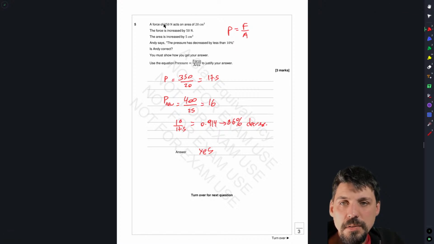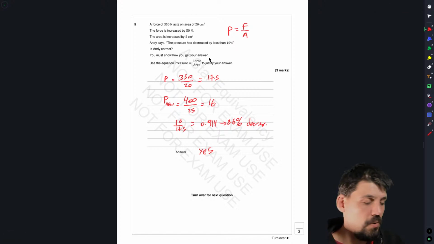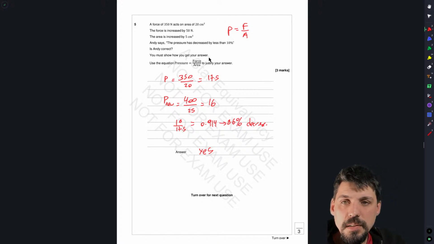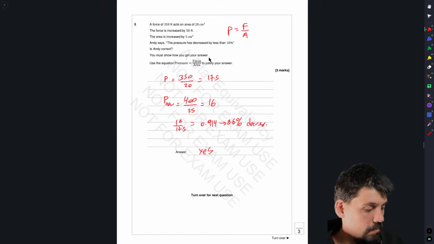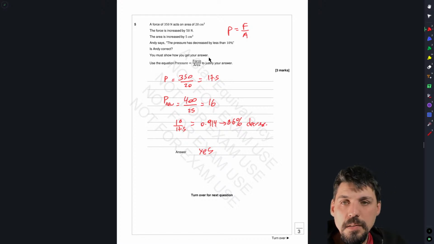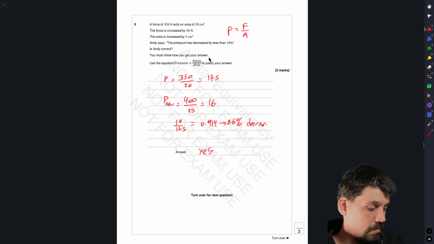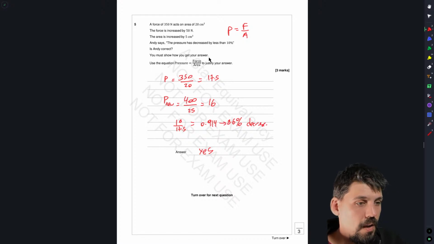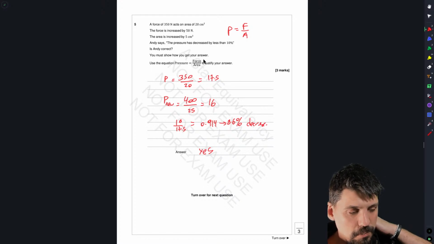Let's just double check this. 350 to 20 is 17.5. Yes, increase it. 16 is the new one. So do that, 8.5. Yes, it was the smallest power value of each like number, absolutely.